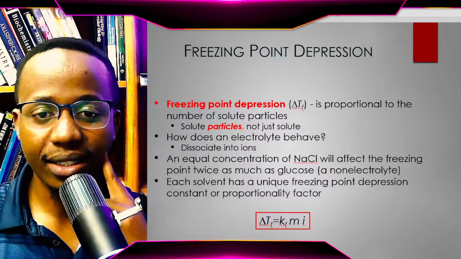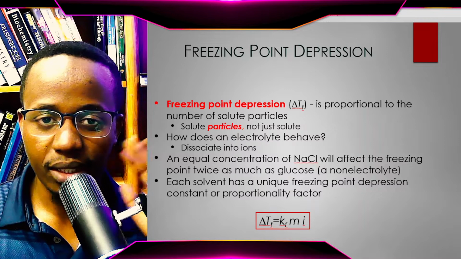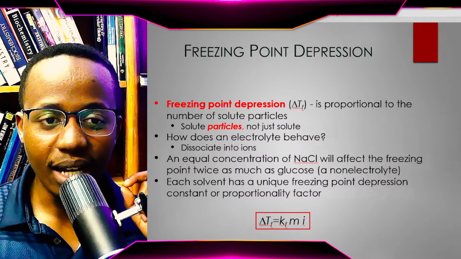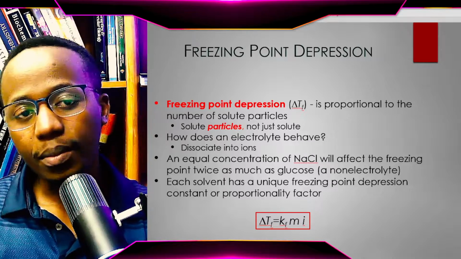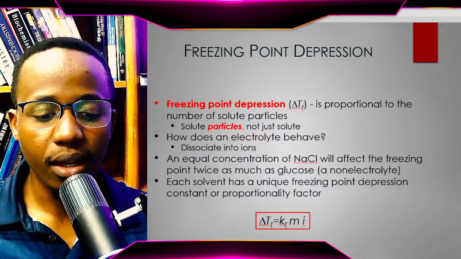I is a little tricky, but think of it as the number of ions. That's it. But specifically, it's the number of particles, right? Because again, with these properties, we're talking about particles that are in there.